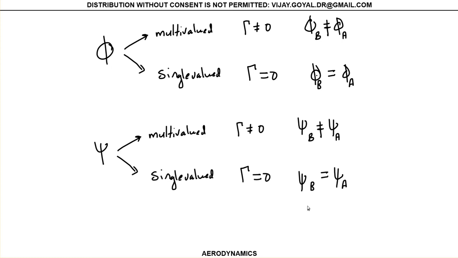Okay? This is important because when you're trying to model your two-dimensional flow, when you're trying to understand what happens to flow around the airfoil, it's very hard to actually model the real flow. What is the real velocity field? We don't know what it is.